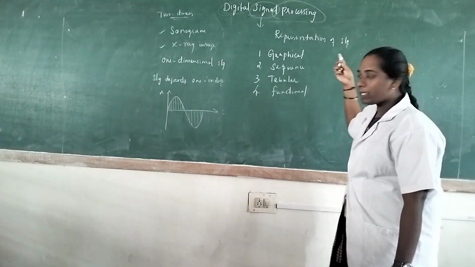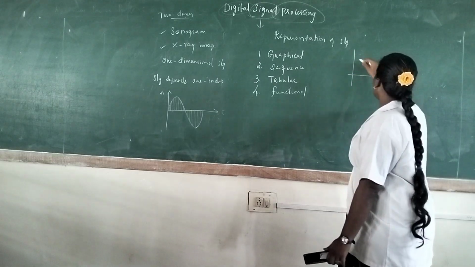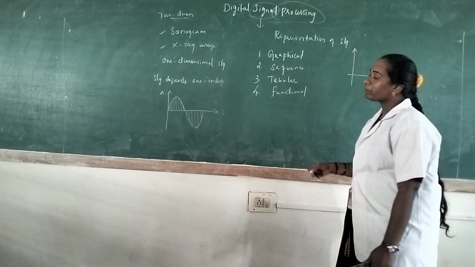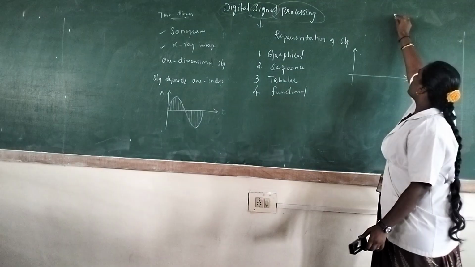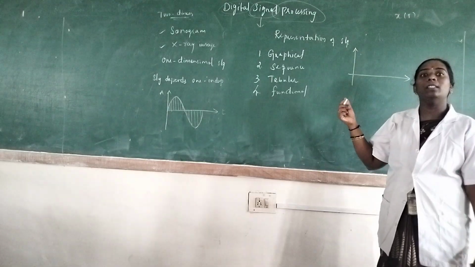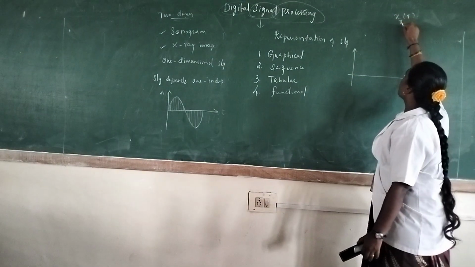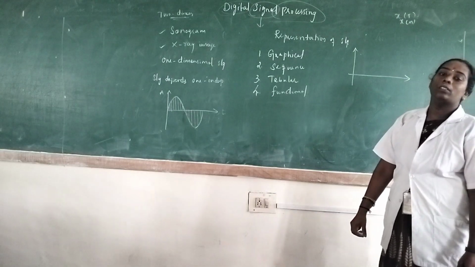Graphical representation is an example. Here you can see, the continuous time signal is represented as x of t, whereas the discrete time signal is denoted as x of n. This n is nothing but your sample.